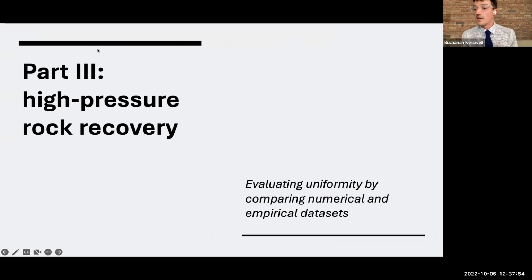So the last part here, we are evaluating the distribution of rocks that are sampled from the interface of subduction zones to try to get a sense of what we can find out about the consistency or the variability of these geodynamic features like coupling depths.